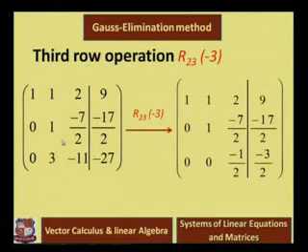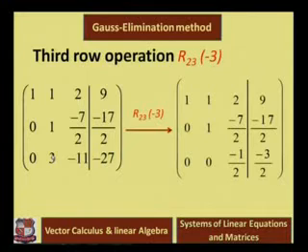Notice in the resultant matrix, below the second leading one entry is 3, but the condition of row echelon form says it must be 0.